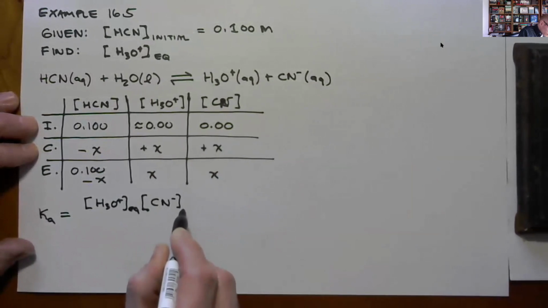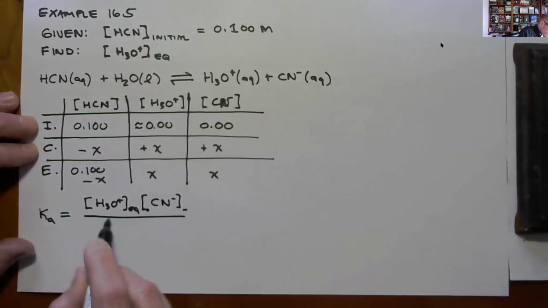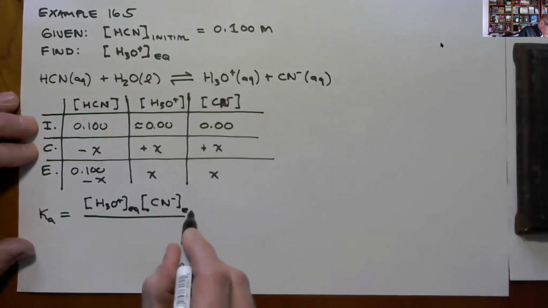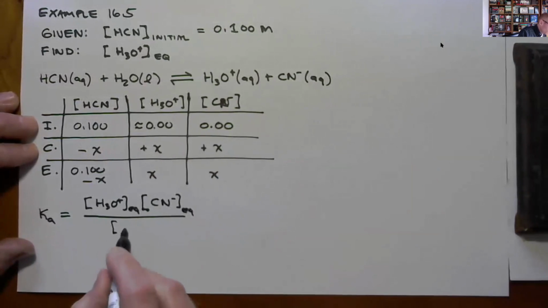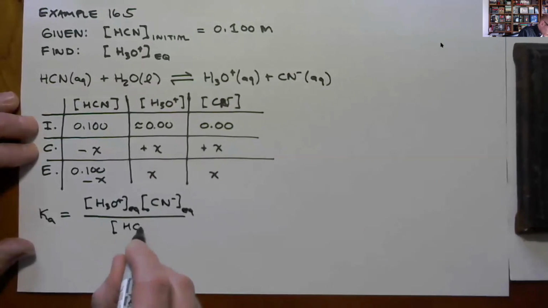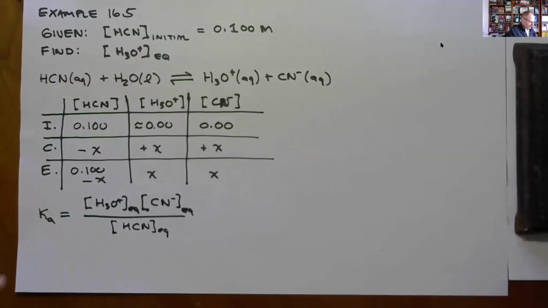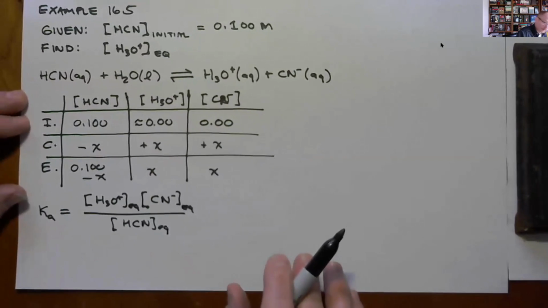Cyanide, and this is at equilibrium, and HCN at equilibrium. So the value of Ka is tabulated, and again, from, what was it, table 16.5, I believe, we can find these values.